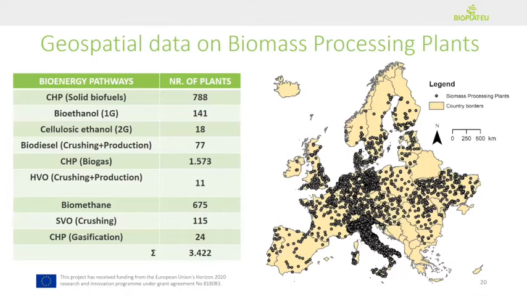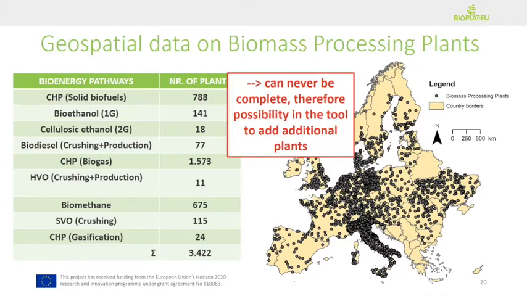Then what we also provided, and I think it will still be mentioned also in the next presentation, is that we have collected geospatial data on the biomass processing plants. We've collected almost 3,500 of those, which are then used also in the WebGIS system in order to connect the plots, the MOOC lands, with the respective biomass processing plants nearby.